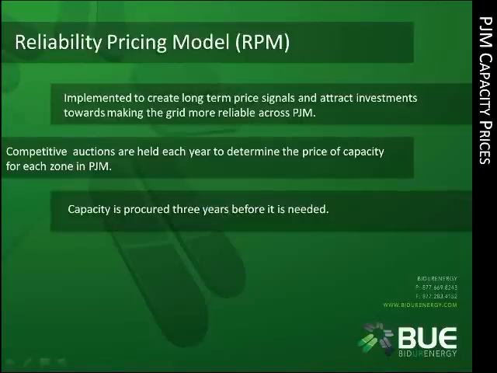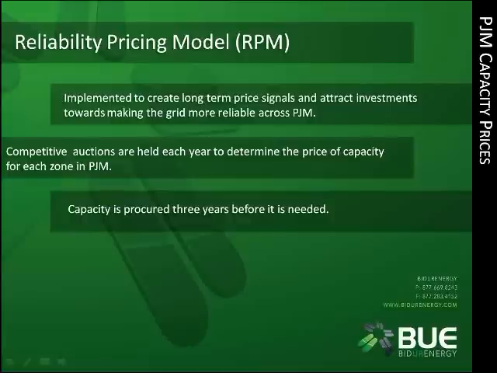According to PJM's website, this was implemented to create long-term price signals and attract investments towards making the grid more reliable across PJM. Competitive auctions are held each year to determine the price of capacity for each zone in PJM. And finally, capacity is procured 3 years before it is needed.